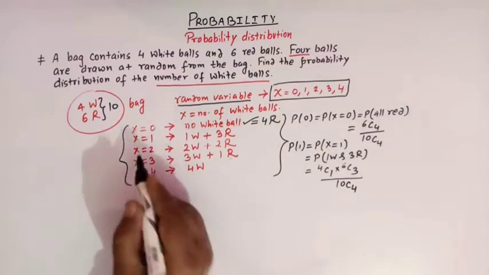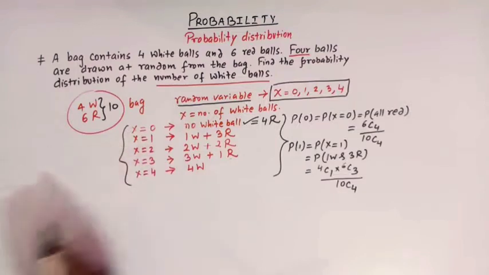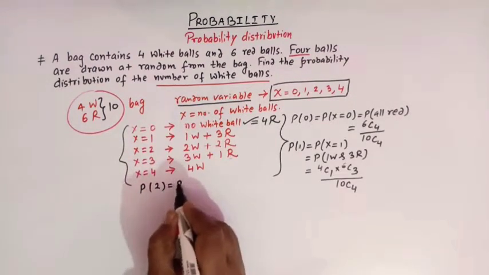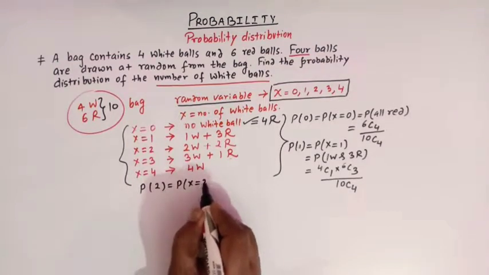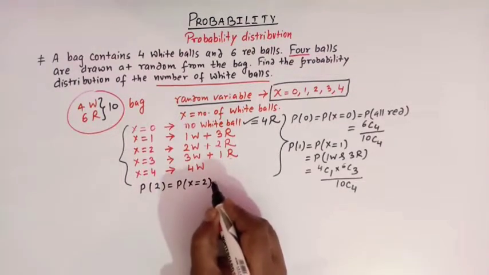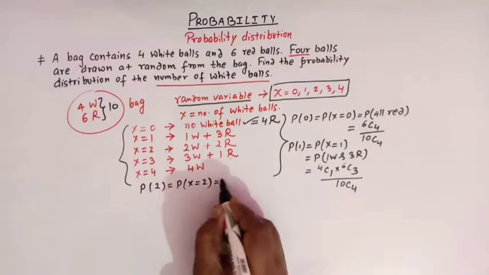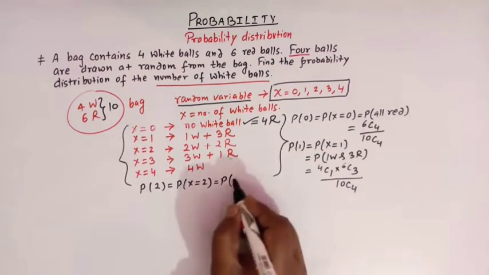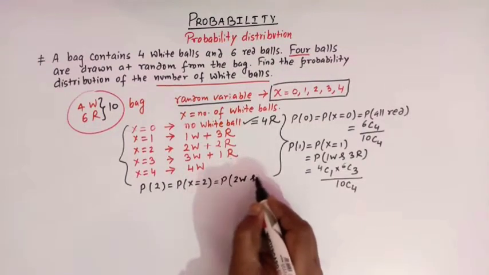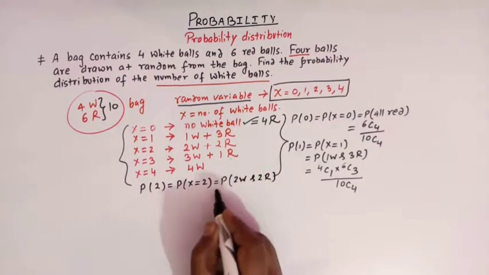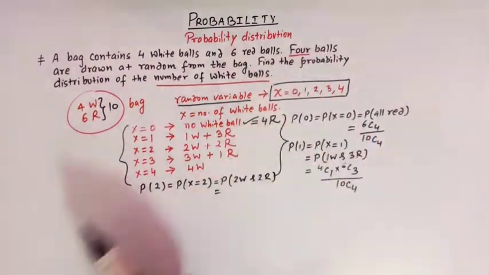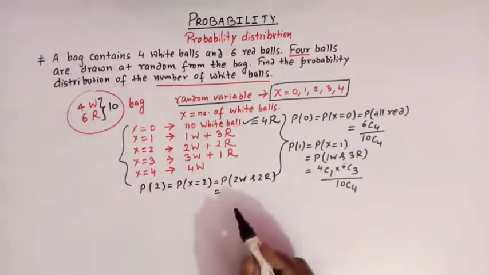Okay, now let us take x is equal to 2. So p of 2 implies that p of x is equal to 2, right? So we have to find the probability of getting 2 white and 2 red balls, right? The total balls drawn are 4, and we have to draw 4 balls at random from the bag.